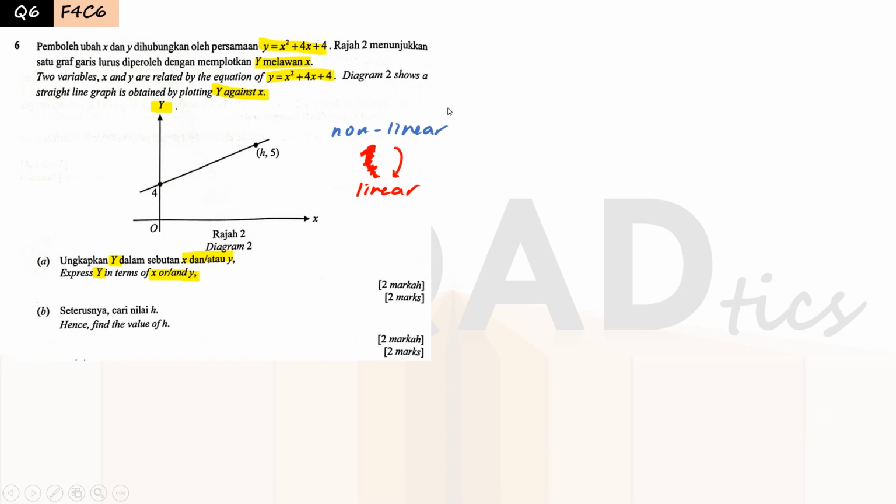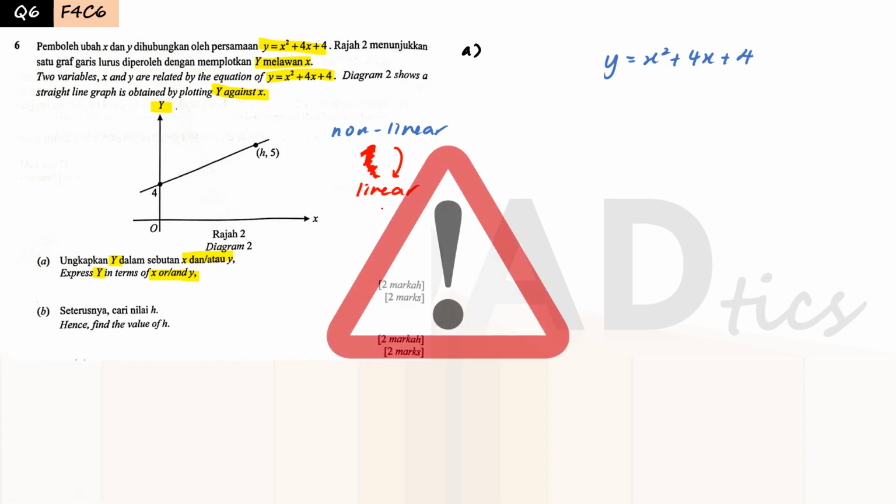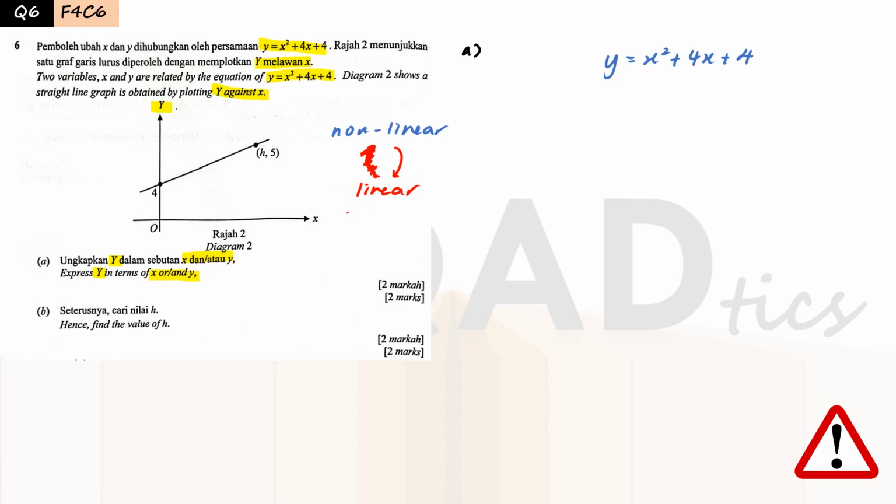Okay, so for the non-linear equation, it is this one, and the linear equation in standard form should be big Y equals big M, big X plus big C, right? So here for the linear equation from this diagram, we have the big Y. Okay, so let's rename it first.